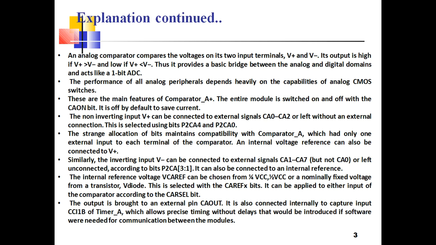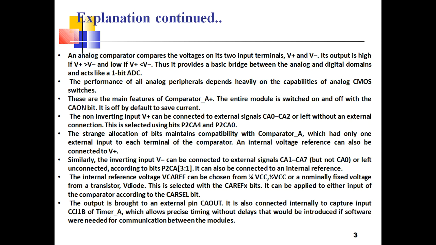And here you can see that the analog comparator compares the voltages on its two input terminals, V plus and V minus. Its output is high if V plus is greater than V minus, and the output is low if V plus is less than V minus.